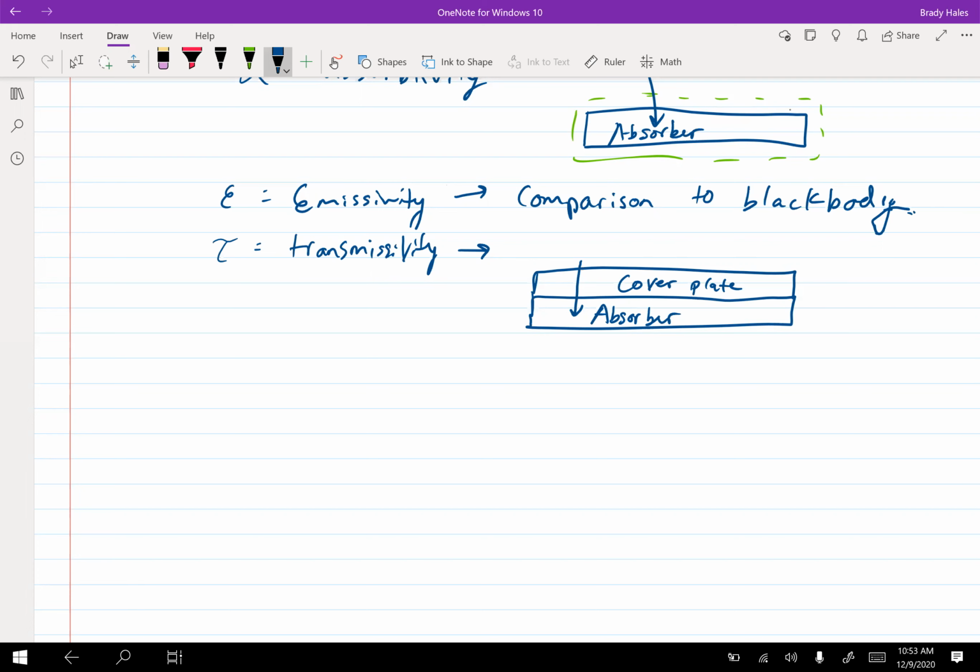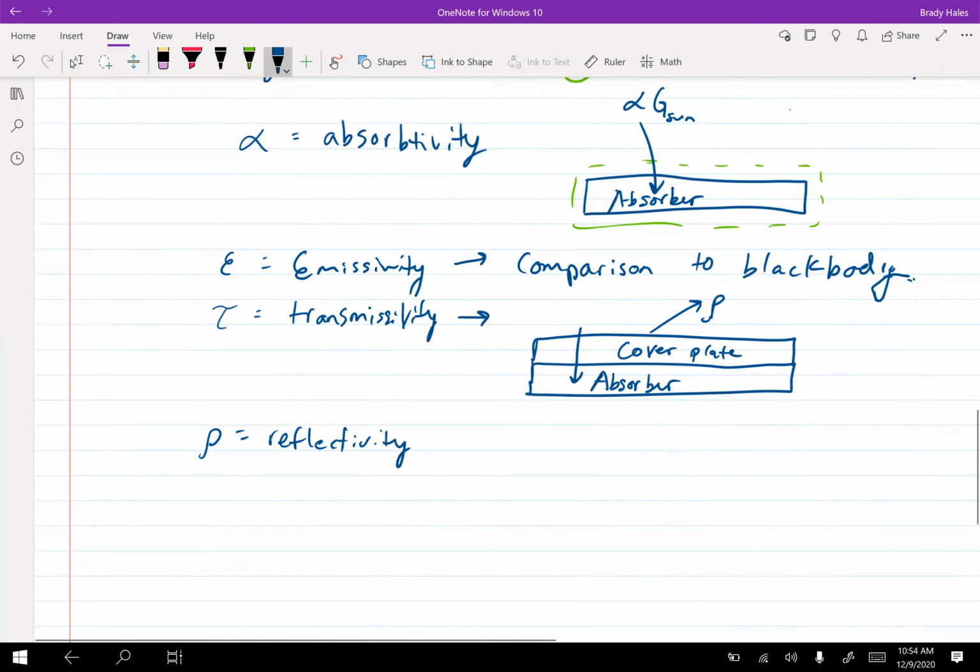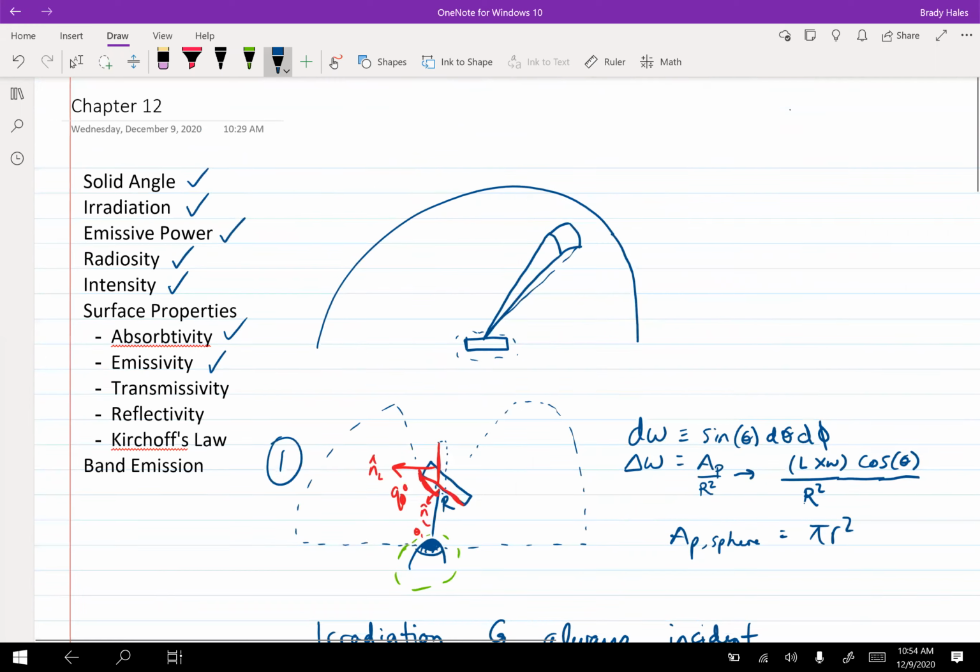So transmissivity is simply how much passes through to the other side of the surface. Okay, and then we had reflectivity. Reflectivity, again, is just whatever's reflected, and that's rho, whatever's reflected off your cover plate, right? So there might be some rho here, maybe. That really is dependent on the problem setup.